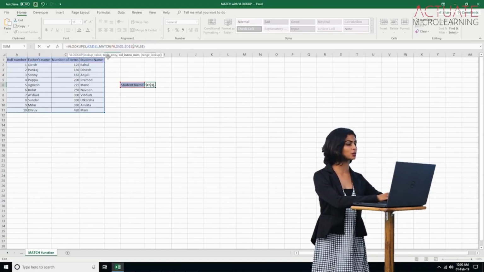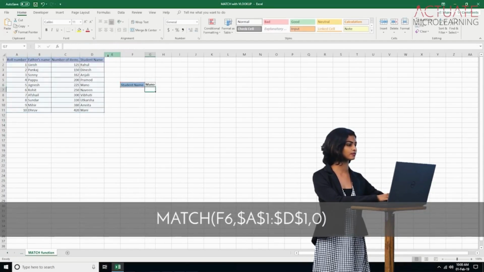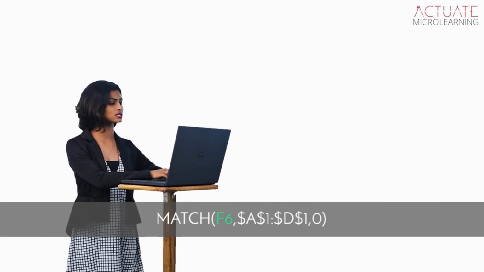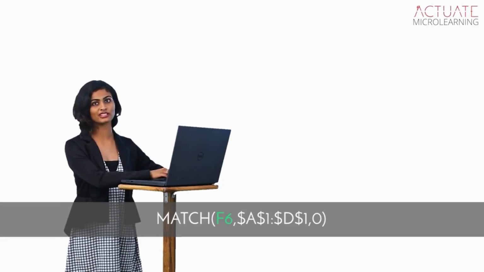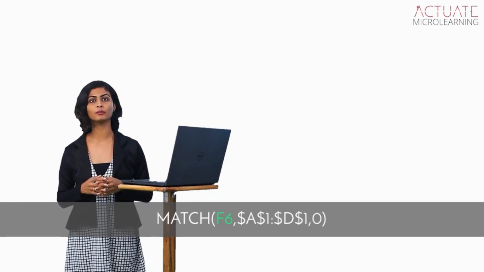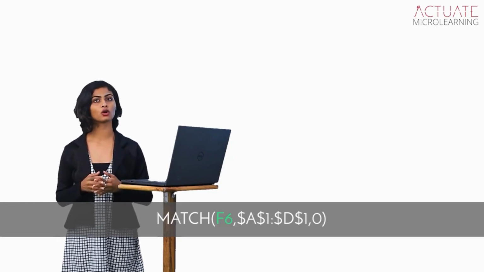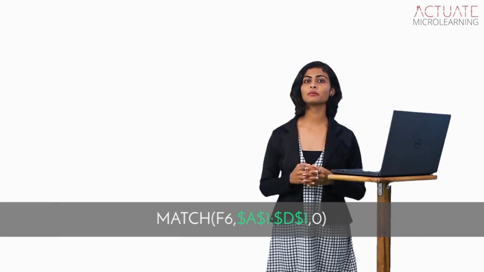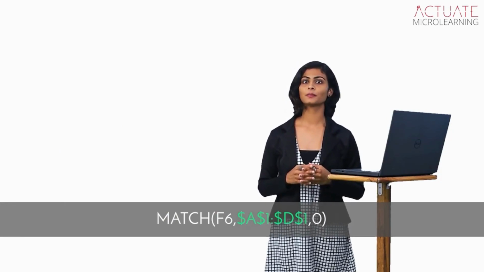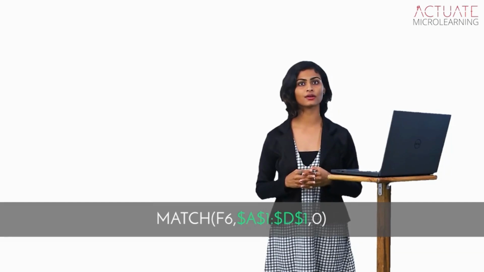Observe the match function, which is given as this. Let's break this down for clarity. The first parameter passed is F6. When we look at the spreadsheet, F6 contains the string value student name. This is our lookup value. The second parameter is this, which is the table array and contains the column header.